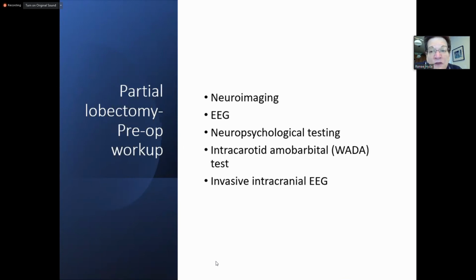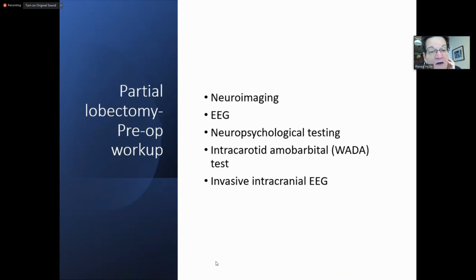Now, the other thing that they will do is what we call invasive intracranial EEG. Okay, remember the EEG we did before was external. It's on the scalp. This is actually placing electrodes into brain tissue.